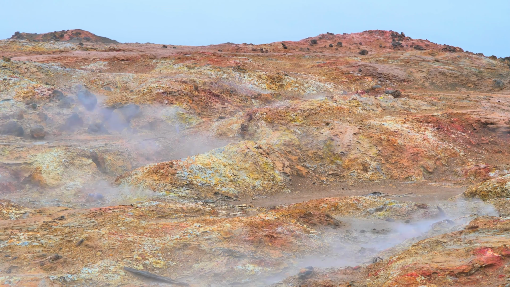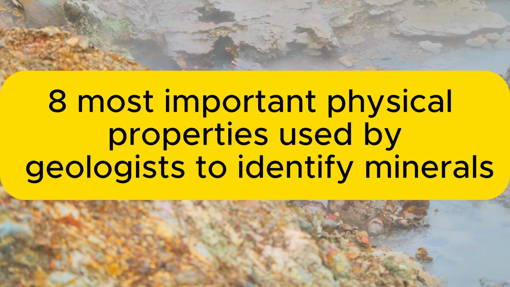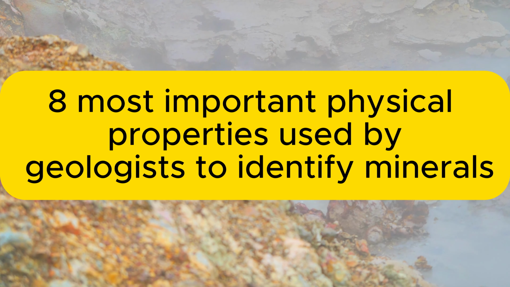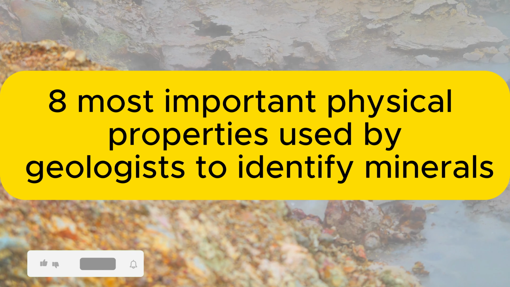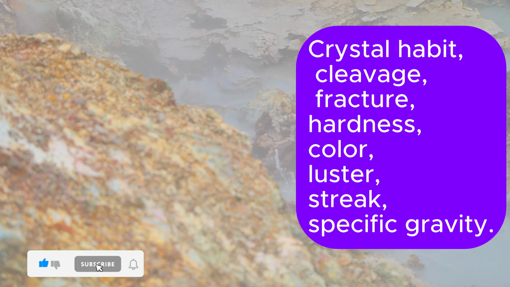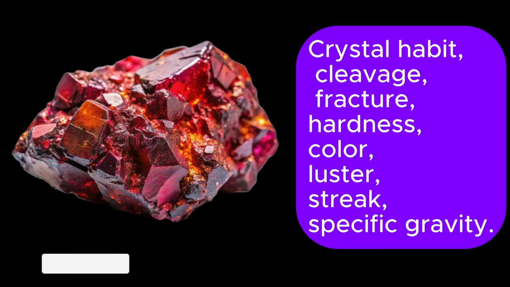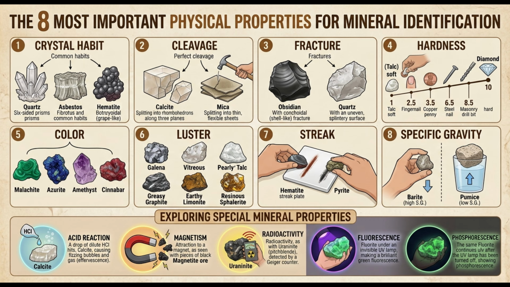In this video, we are going to learn the 8 most important physical properties used by geologists to identify minerals. That is crystal habit, cleavage, fracture, hardness, color, luster, streak, and specific gravity, and more properties of minerals.